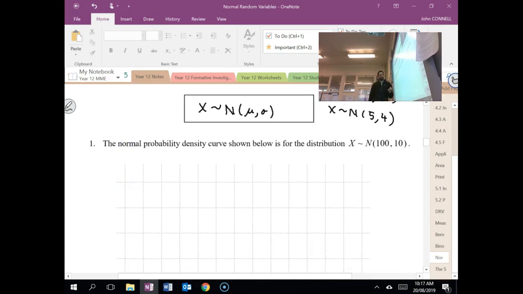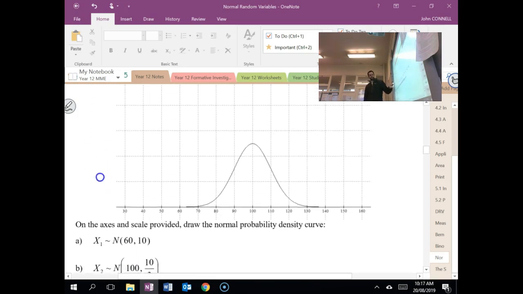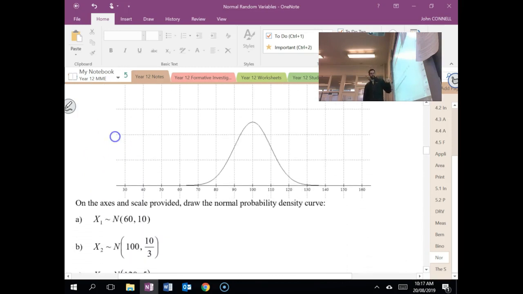Okay, so I've got the normal probability density curve shown below for the distribution x tilde N(100, 10), rather. So we've got a standard deviation of 10, and we've got our mean value at 100. Now, I don't think you got this graph printed in your notes, so I want you to draw something roughly like that.